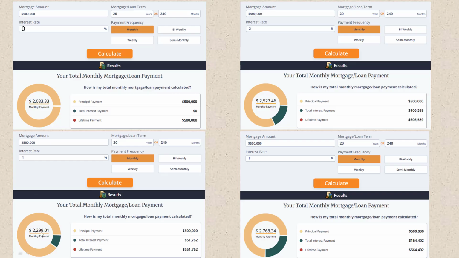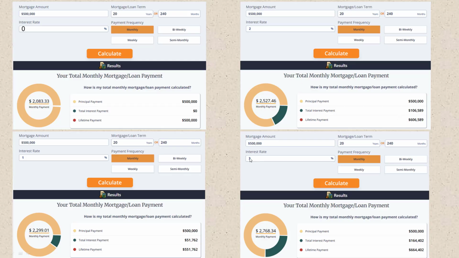At 1%, it's almost $2,300, so notice it's higher. For 2%, the monthly amount has gone up too, and the total interest you're paying has gone up too. It has approximately doubled. If you take about 52,000, double would be 104, so it's slightly more than double.